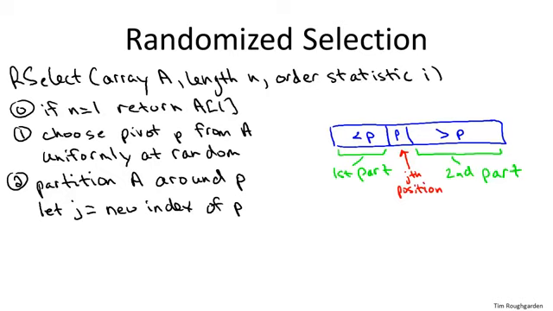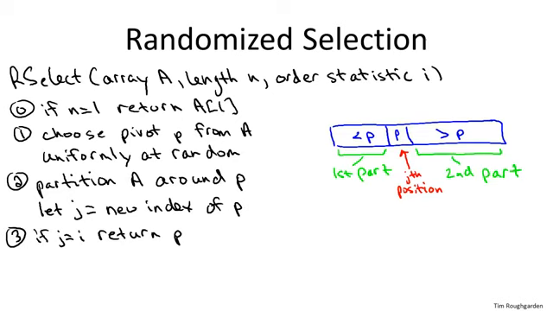Now in general, of course, we don't randomly choose the element we're looking for. We choose something that could be bigger or it could be smaller than it. In the quiz, we chose a pivot that was smaller than what we're looking for. Actually, that's the harder case. So let's first start with the case where the pivot winds up being bigger than the element we're looking for. So that means that j is bigger than i. We're looking for the ith smallest. We randomly chose the jth smallest for j bigger than i. So this is the opposite case of the quiz. This is where we know what we're looking for has to be to the left of the pivot.